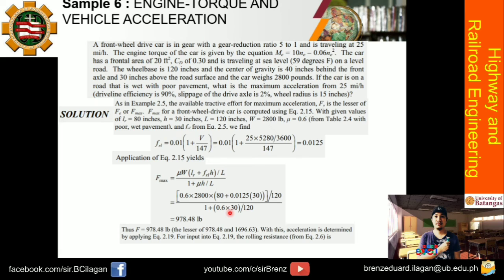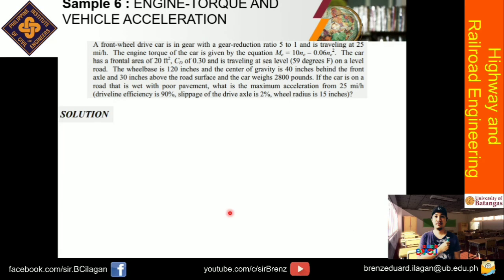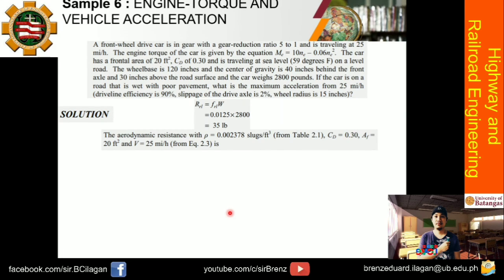So for input into 2.19, the rolling resistance from equation 2.6 is R sub RL is equal to f sub RL times W. So yung R sub RL mo is 0.0125 times 2,800 or equal to 35 pounds. The aerodynamic resistance, we draw rho as 0.002378 slug per cubic foot as per table 2.1.